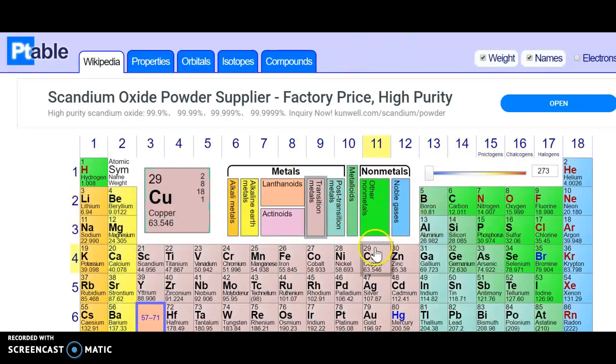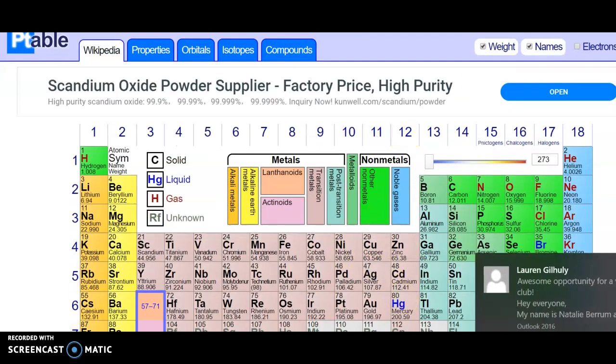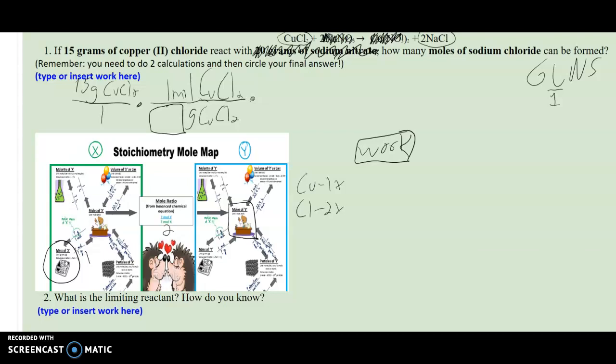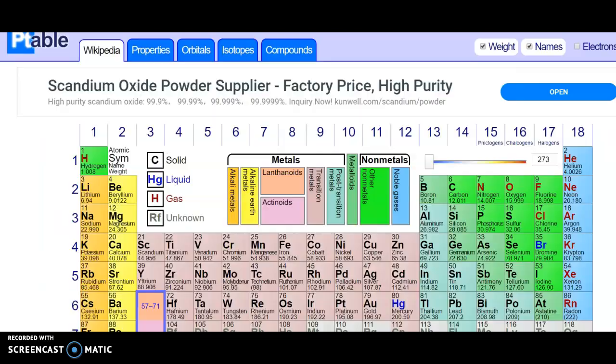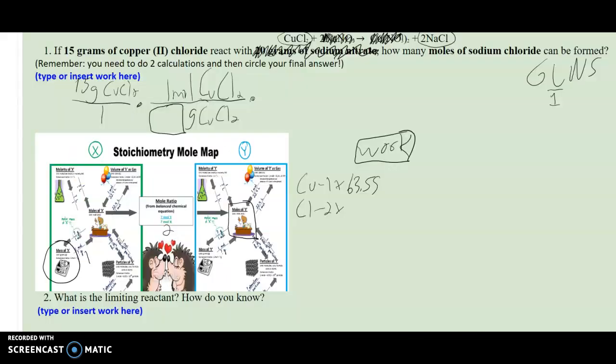So let's see, where is copper? 63.5. I'm going to round that to 63.55 and go ahead and write that down. 63.55. And then chlorine is going to be 35.45.